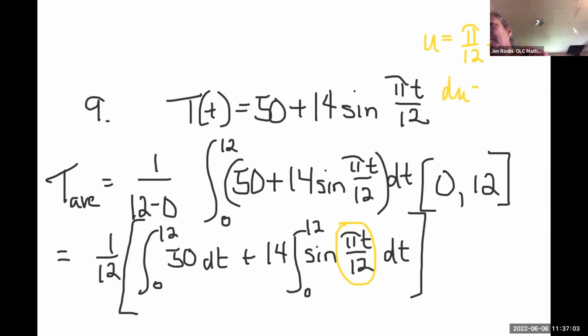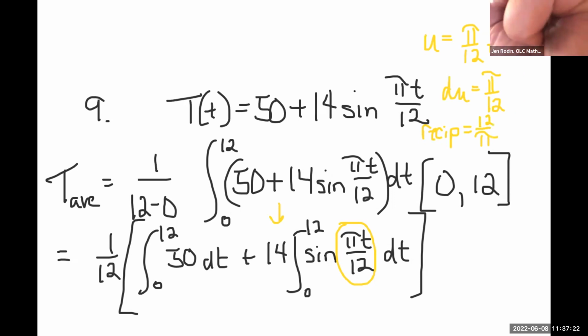So du is just pi over 12, and the reciprocal of that, which we stick in front of that piece, is 12 over pi. And since we see that pi there, we make sure we're in radian mode. Make sure your teacher's in radian mode.